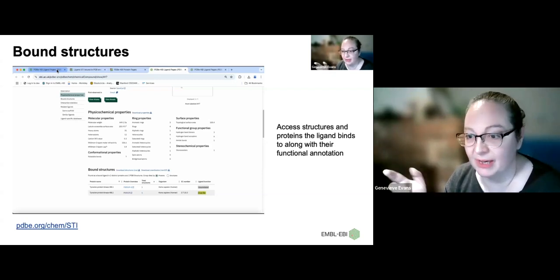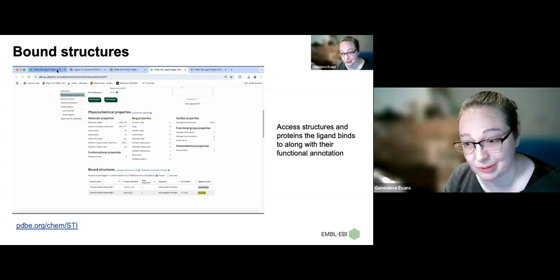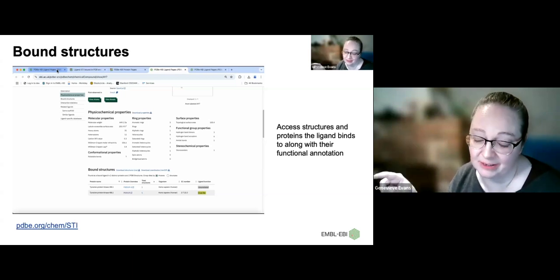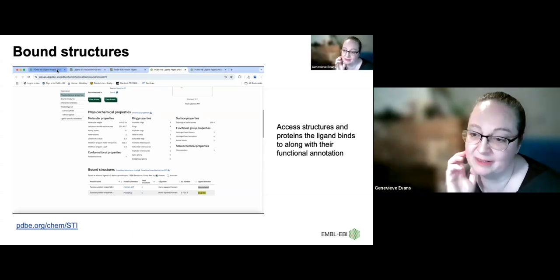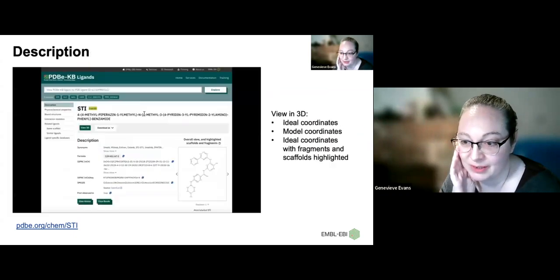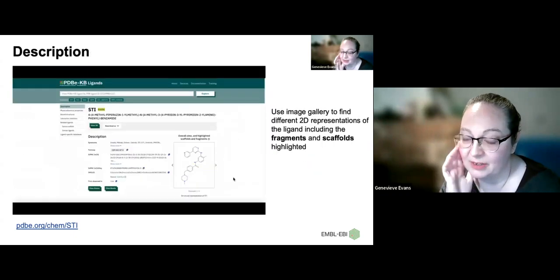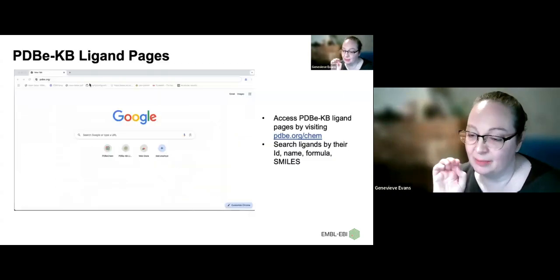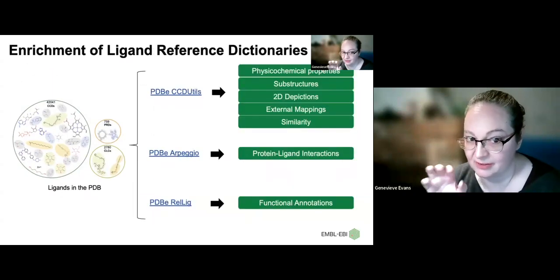If you know which are common crystallization ligands, you can turn those off and look at just the interesting chemicals. That's the PDBe KB pages, not the ligand pages.